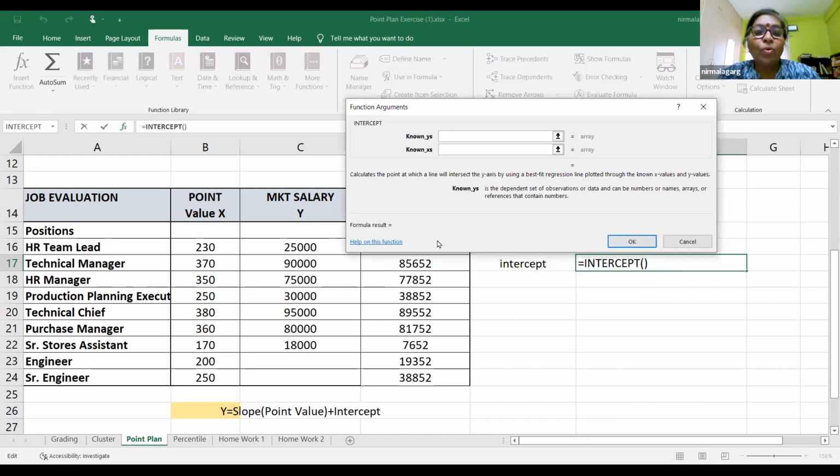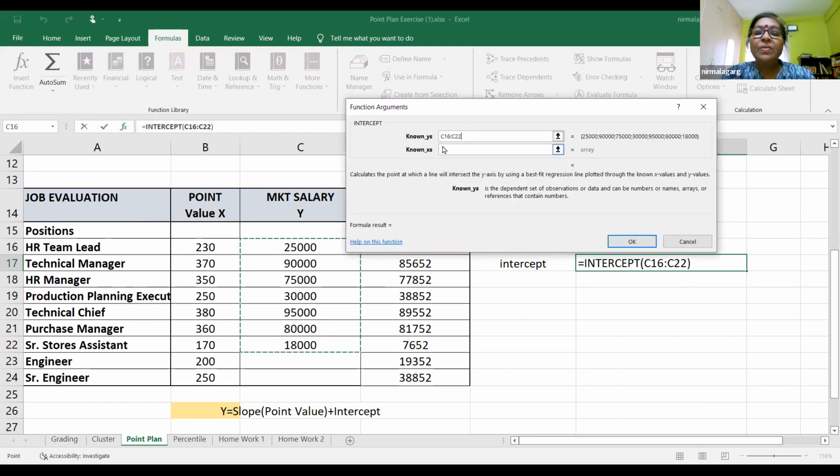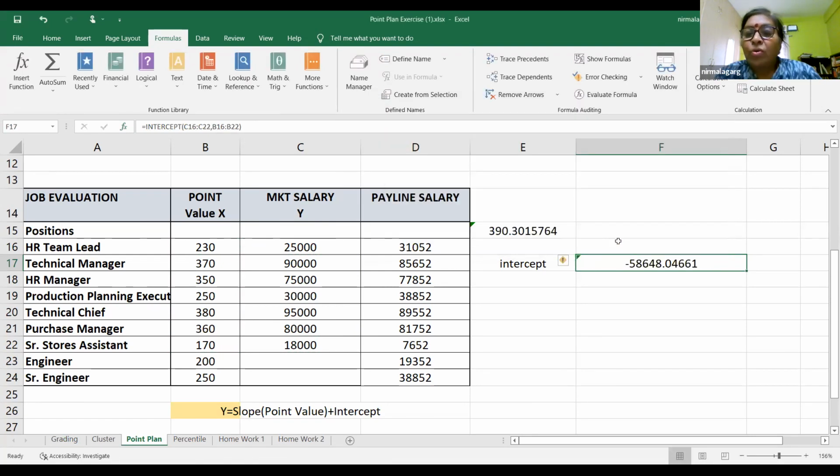Again, known Y's, then known X's. Okay. So the intercept is normally a minus sign. Now, don't ask me what is slope and intercept.